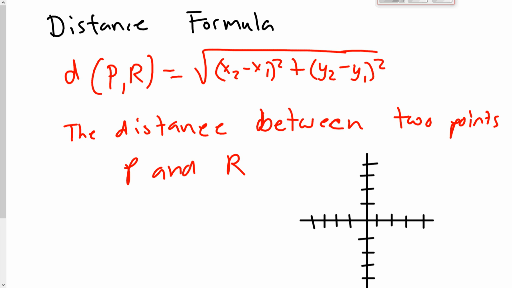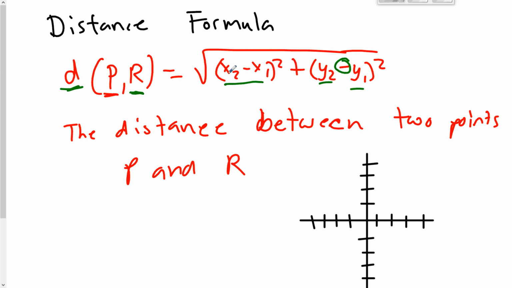Okay, next we take a look at the distance formula. Here's the distance formula. This is the distance between 2 points P and R. So this is my one point P, and this is another point R, and I'm finding the distance. The distance between them is taking the difference of my x's and squaring it, and then taking the subtraction of my y's.